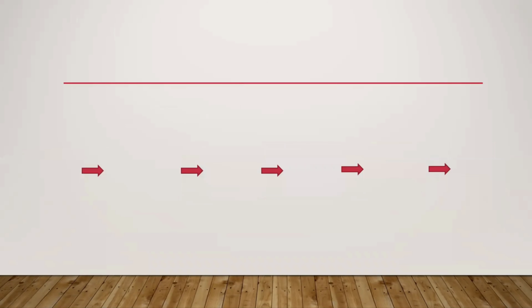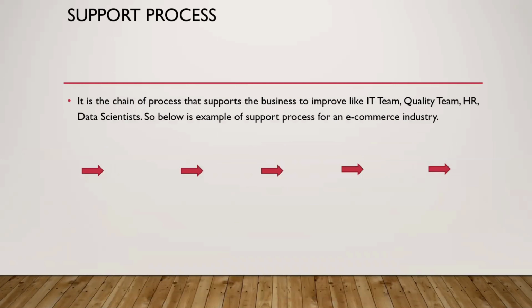But let us see what a support process is. A support process is a chain of processes that supports the business to improve, like the IT team, quality team, HR team or data scientist team. Here is an example. Whenever a supplier wants to sell a product to our e-commerce business, he wants to enter his information in a website or portal, and we are in the team that is creating such things.